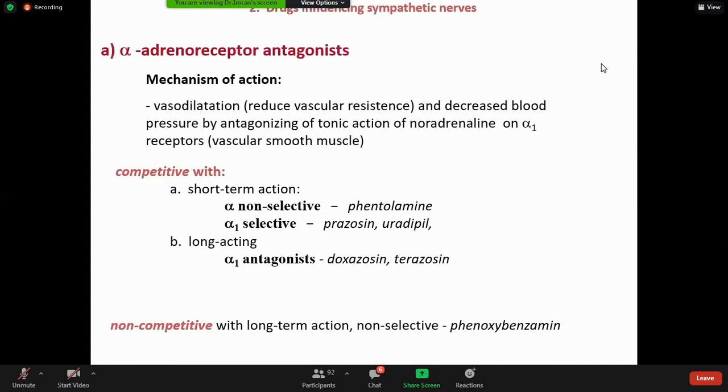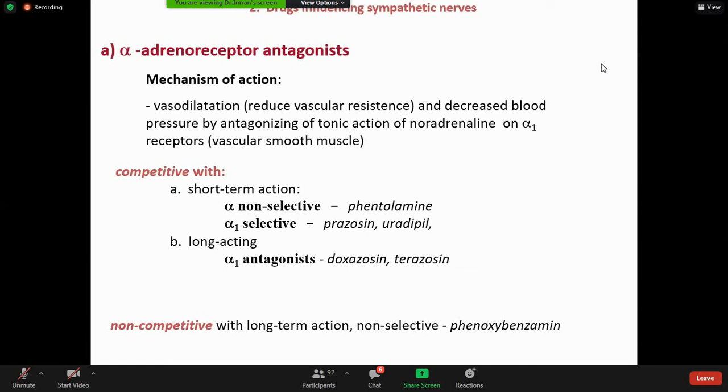Now the second group: drugs influencing sympathetic nerves. I have already shared important points related to adrenergic receptors, an important concept related to the alpha-1 receptor.